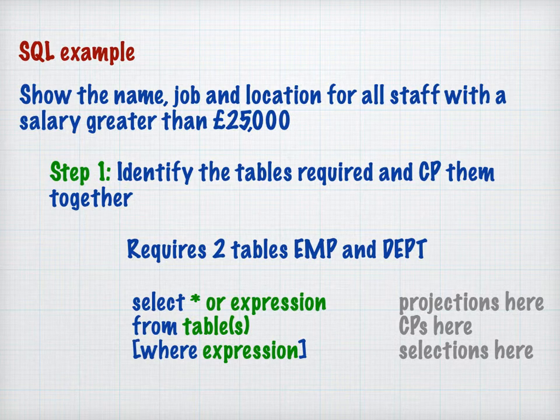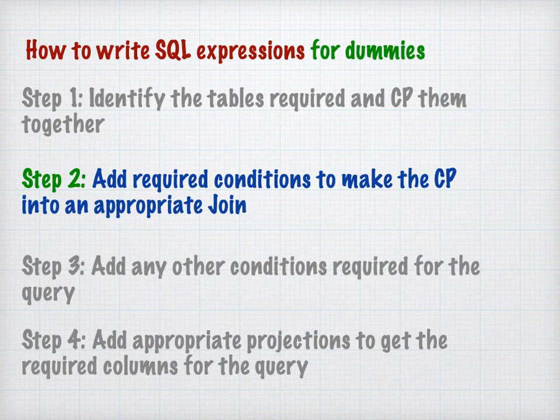The way that we do that is, if you look at select from where, we need to place those tables that we want to use for this query after the from clause. So we'll end up with something that looks like this: emp, department. That's going to Cartesian product the tables together, and that means everything from the first table combined with everything from the second table.